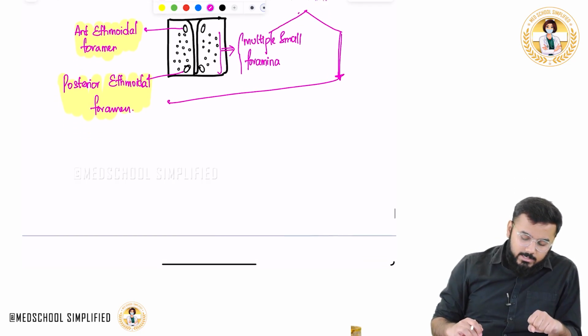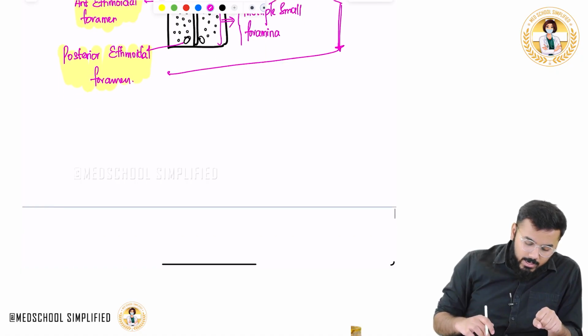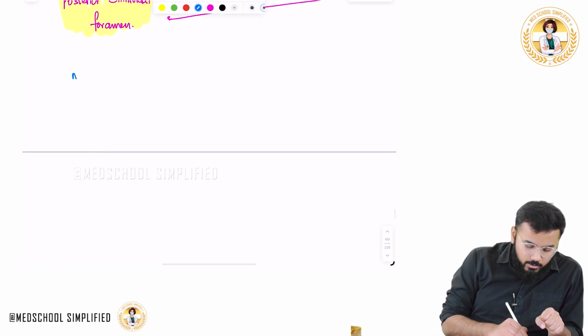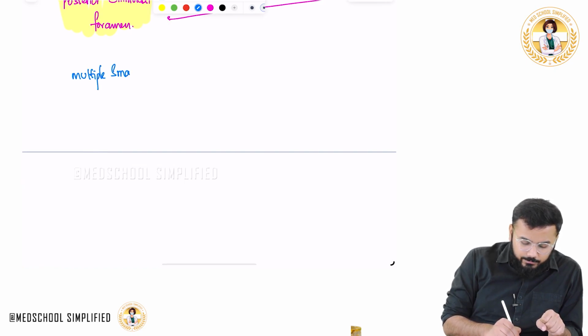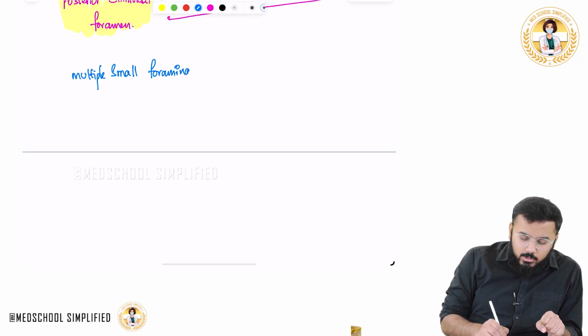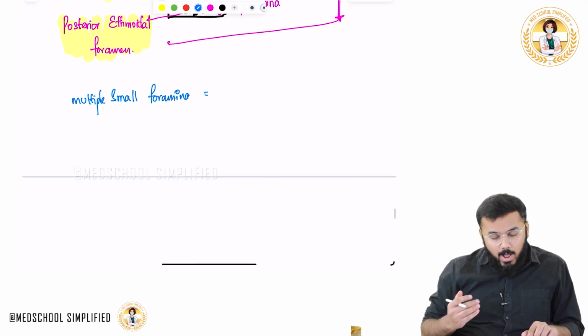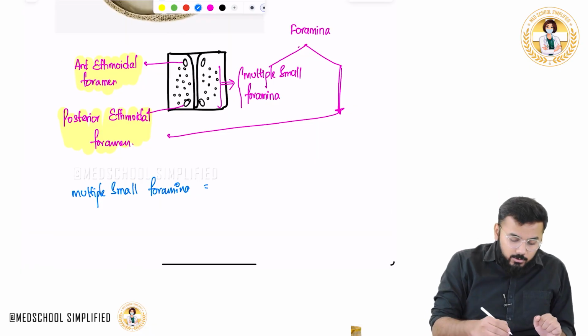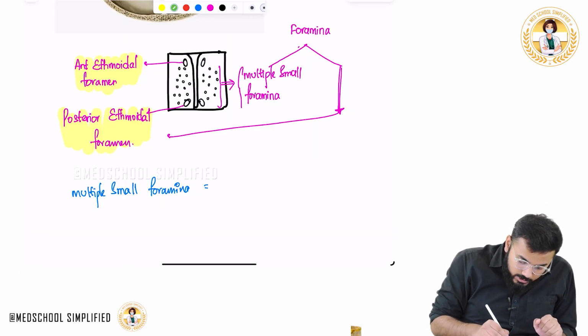Now the important thing is that if you look at these multiple small foramina, there are some important structures that pass through these holes. You see here, there are some important structures that are coming out of these holes like this. You can see, right?